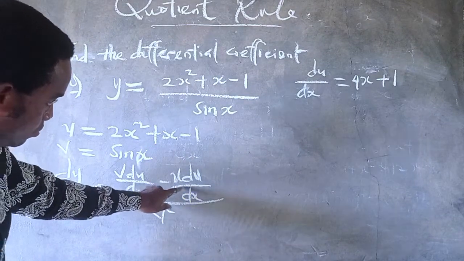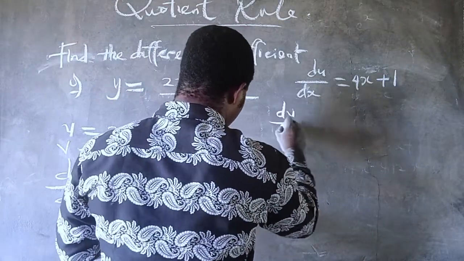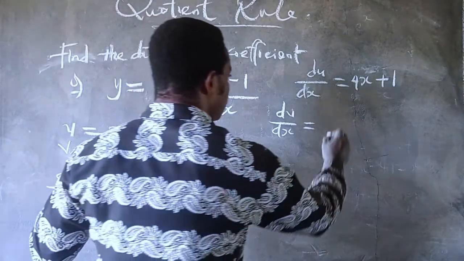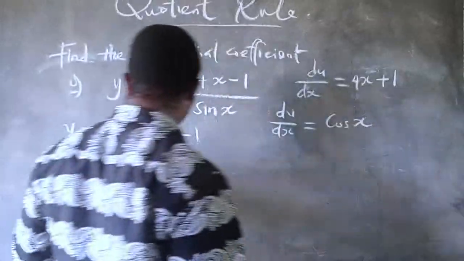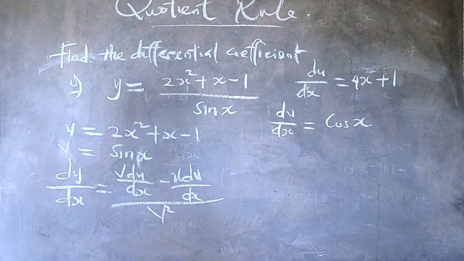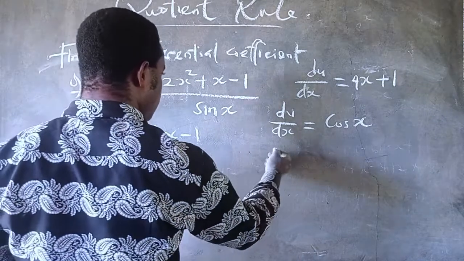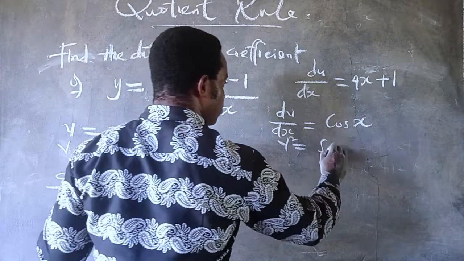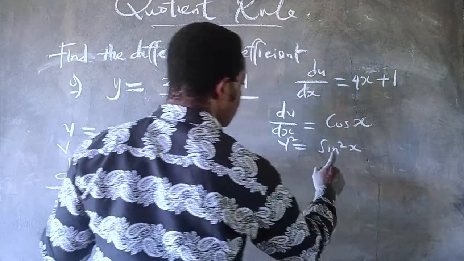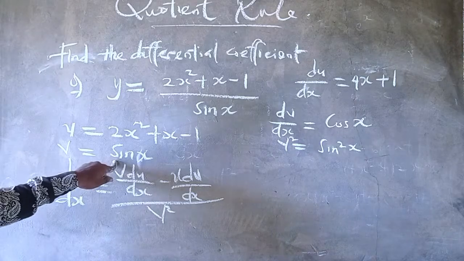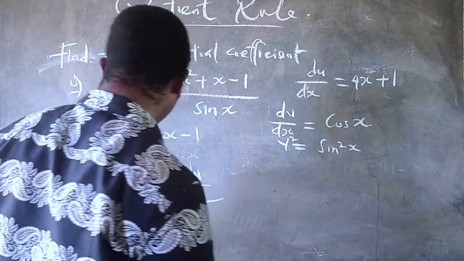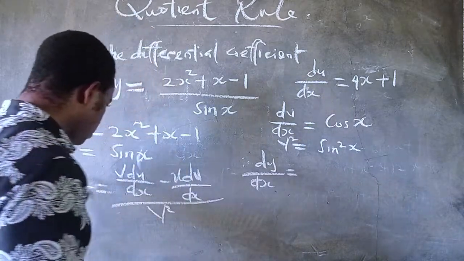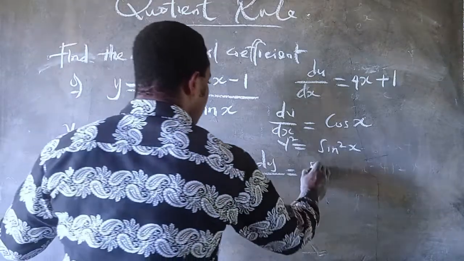From the examples we've seen so far, I hope you are not confused and you remember how we have been doing it. The derivative of v with respect to x is simply cosine of x. Remember from the standard derivatives. Okay, what is v squared? That would be sine squared x. So therefore, let us go on and put all that into this formula. So what is our v?